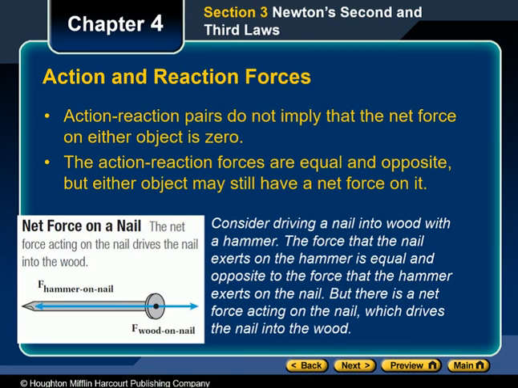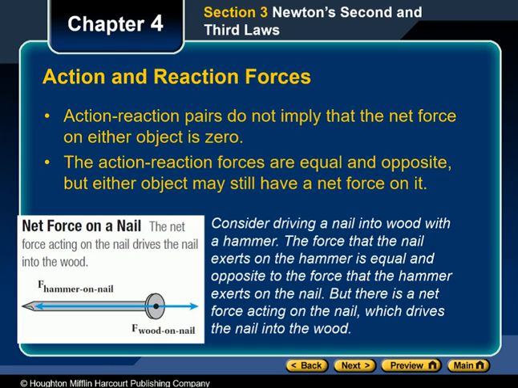The motion of a nail is affected only by the forces acting on the nail. To determine whether the nail will accelerate, draw a free body diagram to isolate the forces acting on the nail, as is shown in figure 3-3 or on the screen now. The force of the nail on the hammer is not included in the diagram because it does not act on the nail.